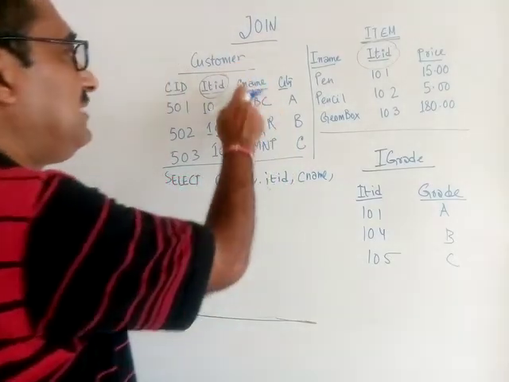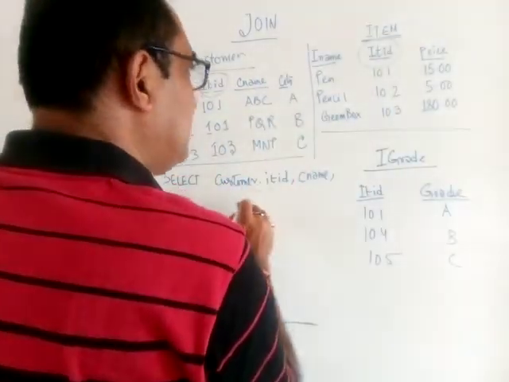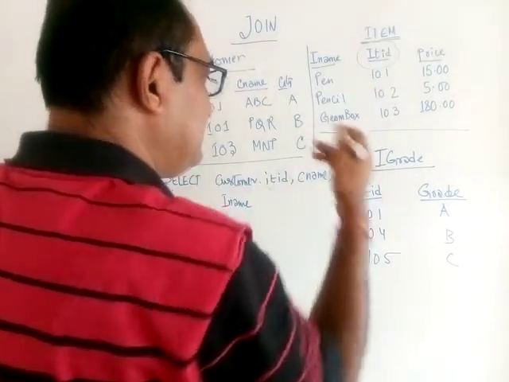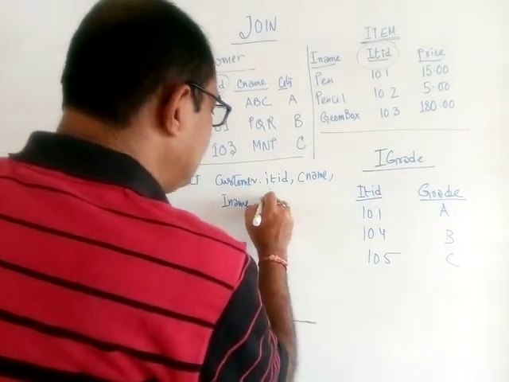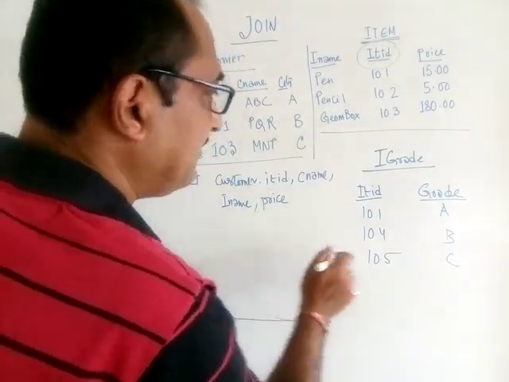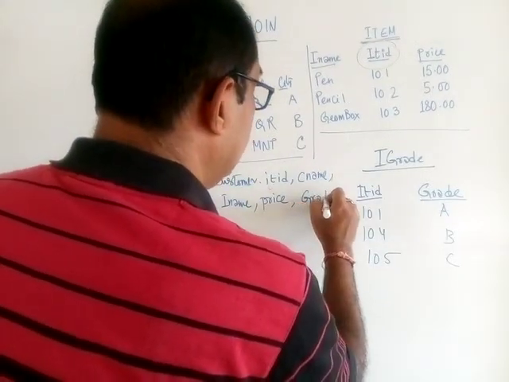Customer name is only in the customer table, so confusion will not be there. Item name is also a property of item, so no confusion will come. Price. I don't have space, so I'm writing in a different line. And from here I wanted to take only grade.